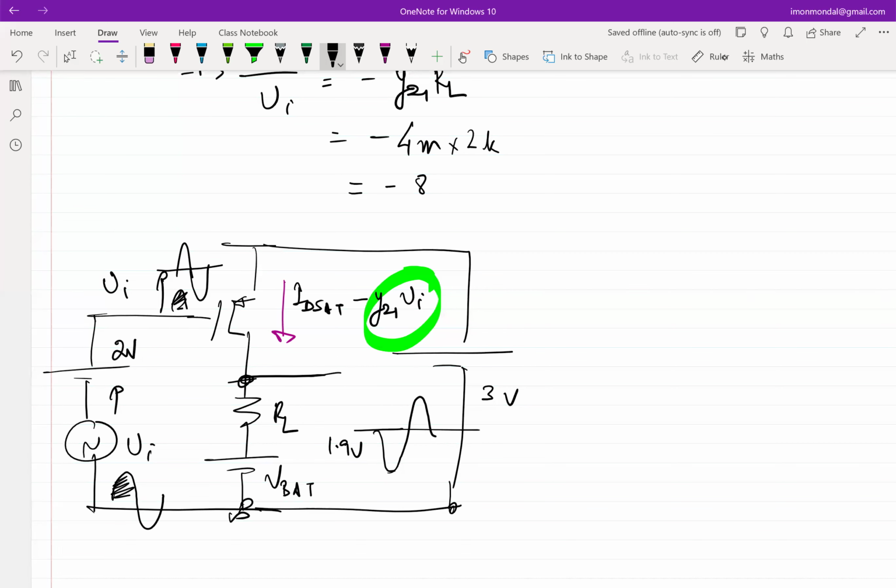When we say amplification, what we are essentially saying is that the amplitude of the output is higher than the amplitude of the input. We are not talking about DC operating points. DC operating points can be widely different between the input and the output. It's not because the DC operating point at the output is 2 volt and the input DC operating point is 1 volt.